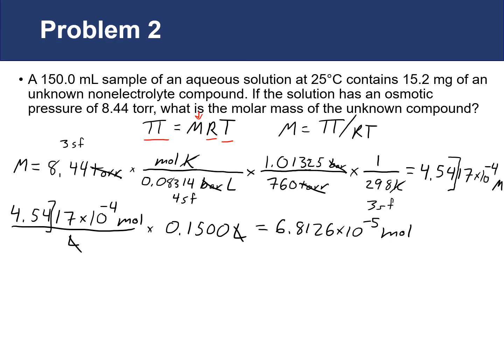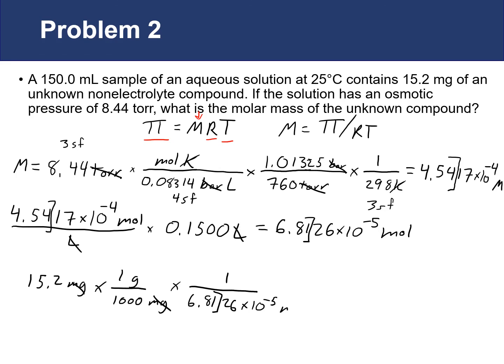Okay, now to find molecular weight, we just take our grams divided by our moles. So 15.2 milligrams, convert that into grams. 1 gram is 1,000 milligrams. Milligrams cancel out. And then we just need to divide this by our moles. So 1 over, sig figs there, 6.8126, times 10 to the negative 5th moles.